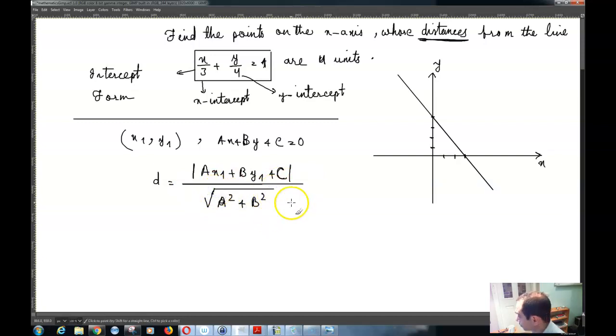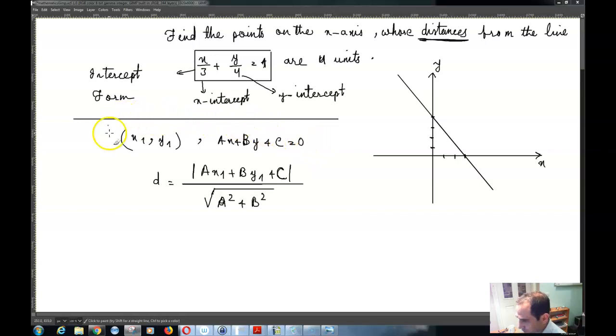This was the formula, if I'm not mistaken.